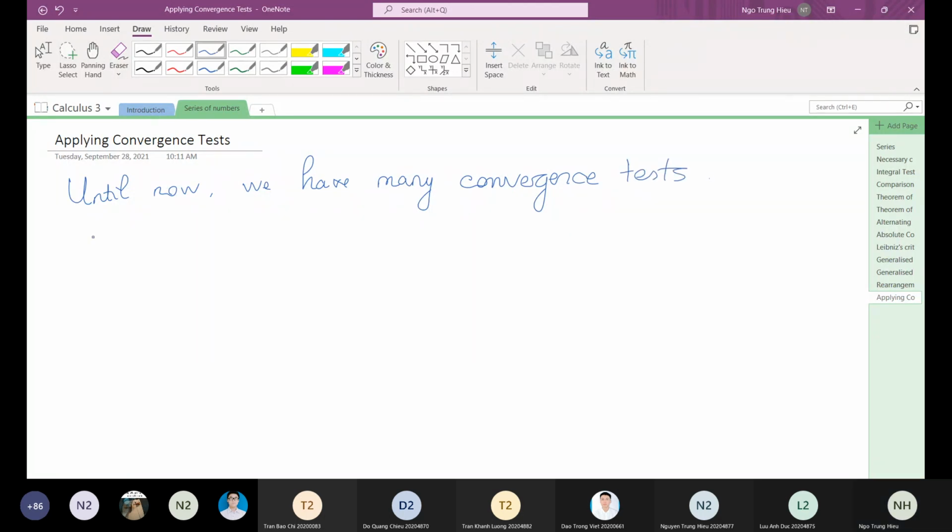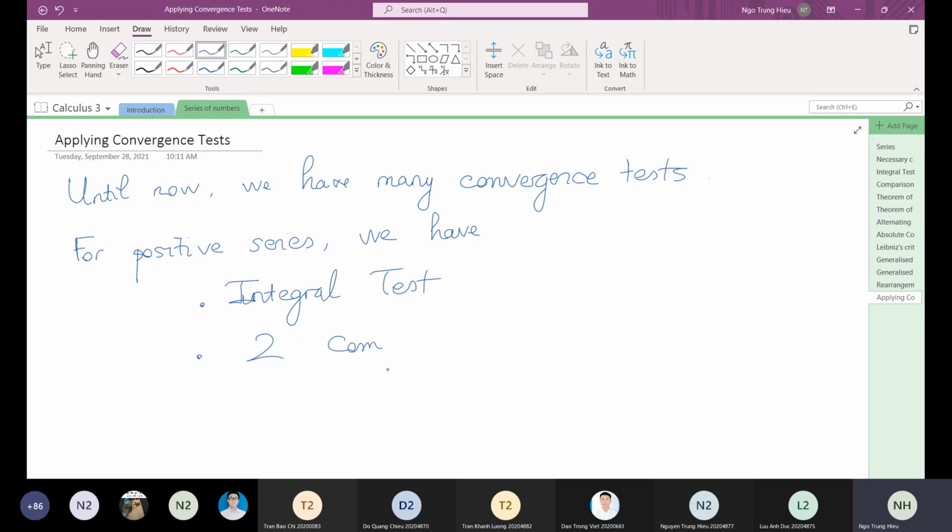So for positive series, what do we have? We have the integral test. We have a comparison test, not only one, but two comparison tests.